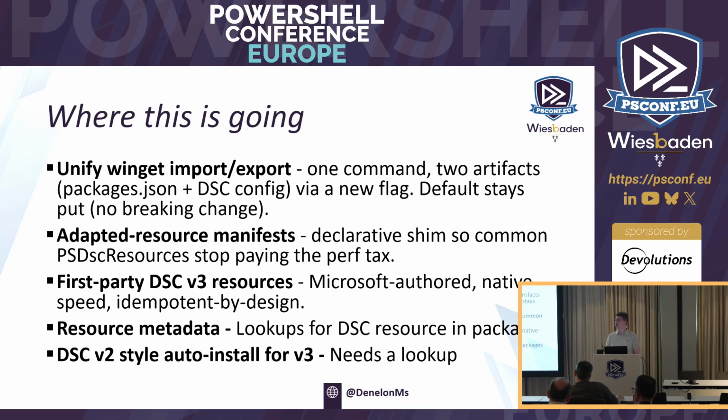And I've seen cases when I'm iterating on things that I'll just do a short config file to toggle things back and forth, and that works great. Then I go to another device that doesn't have the application installed, and it fails. So my goal with getting that metadata in there is giving you that v2 magic that we have for pulling in PowerShell modules to be able to do the same thing for the v3 resources.